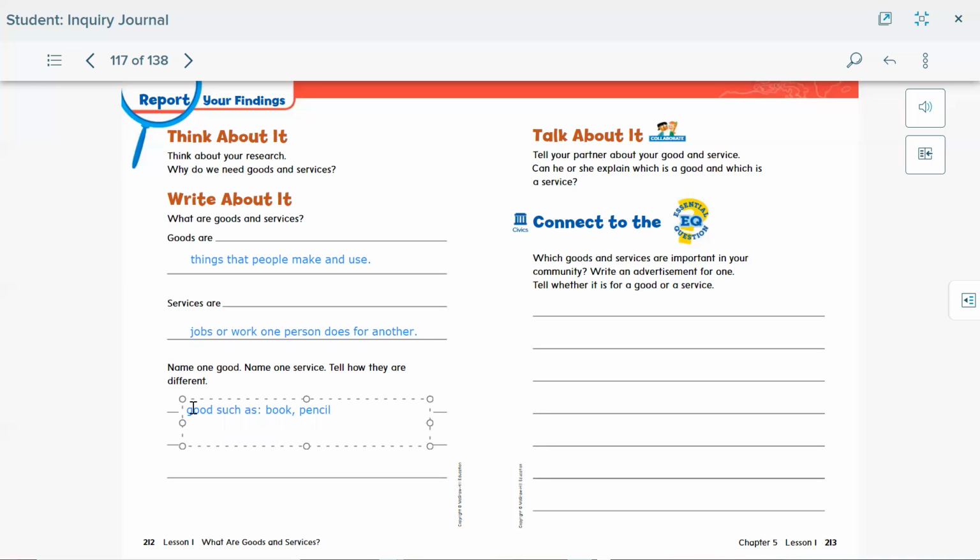And then services, we can say bus driver or mail carrier that deliver and carry the mail for you.